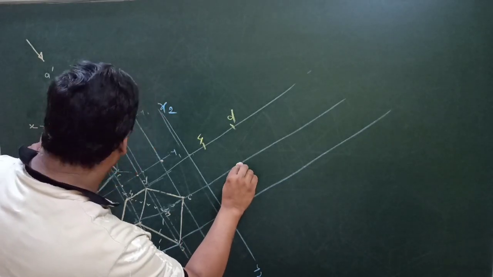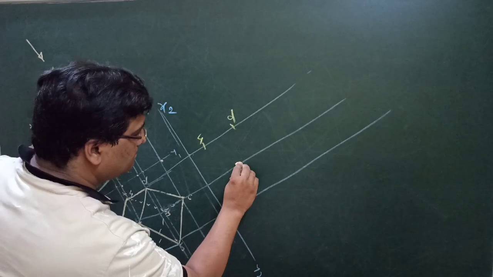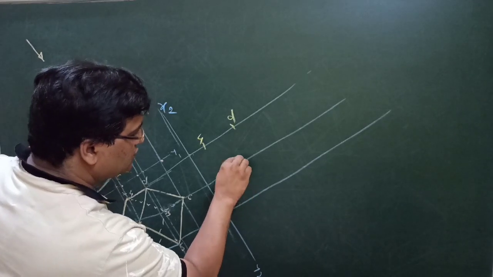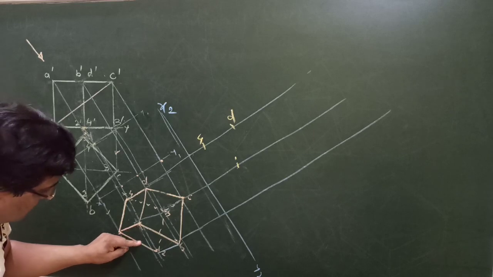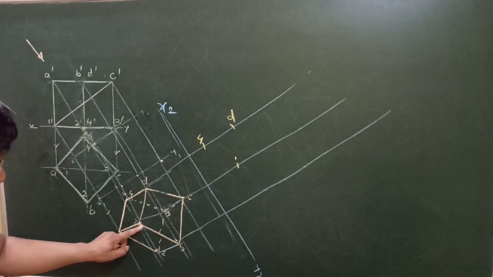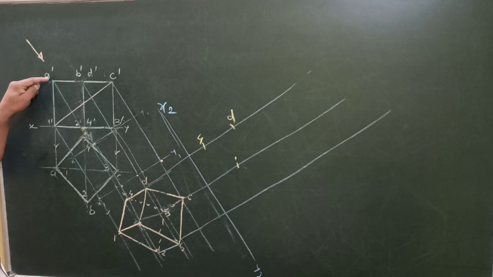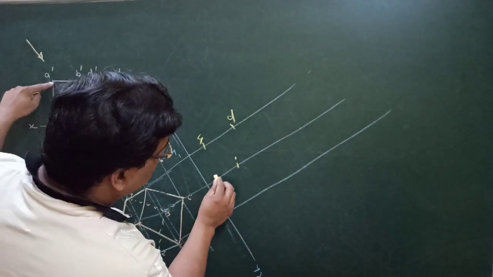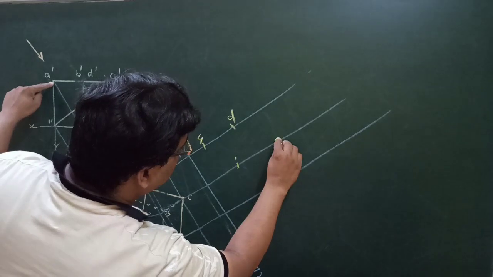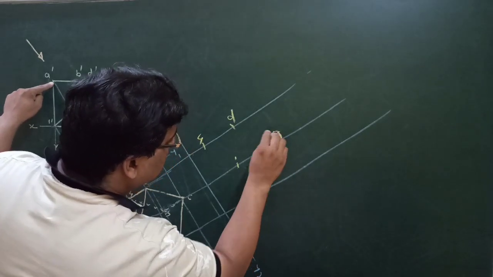It will be somewhere around here. So this is 1. Second, the distance of point A. So this is the distance of A from here to here. Take this distance on this line. So it will be somewhere around here.